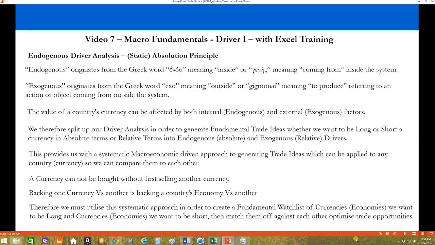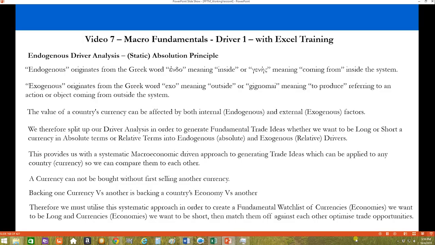And the value of a currency can essentially be affected by both internal and external factors. So both endogenous and exogenous factors. So what we do is we split up our driver analysis in order to generate fundamental trade ideas, so whether we go long or short a currency, in absolute terms.